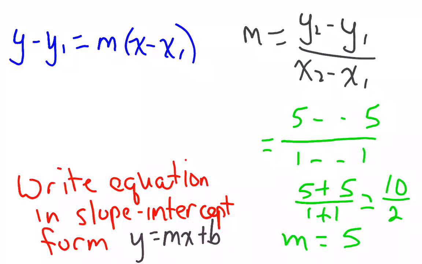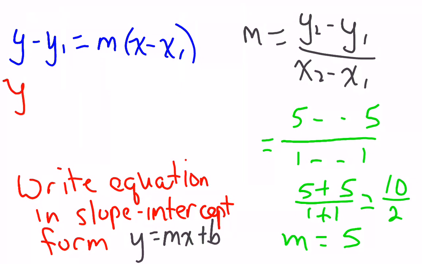So we know what our x1 and y1 are, which were the -1, -5, and plug those in. So we're going to plug that point into here, and we know our slope. So that's where we're going to plug in our pieces. All right, so let's go ahead and do that.